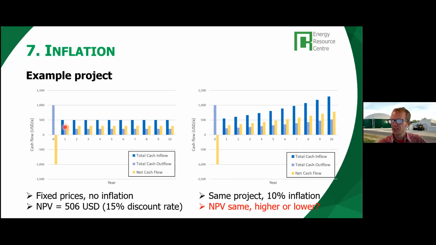So we see here a constant net cash flow. So every year you have the same amount which is discounted and added to the total.